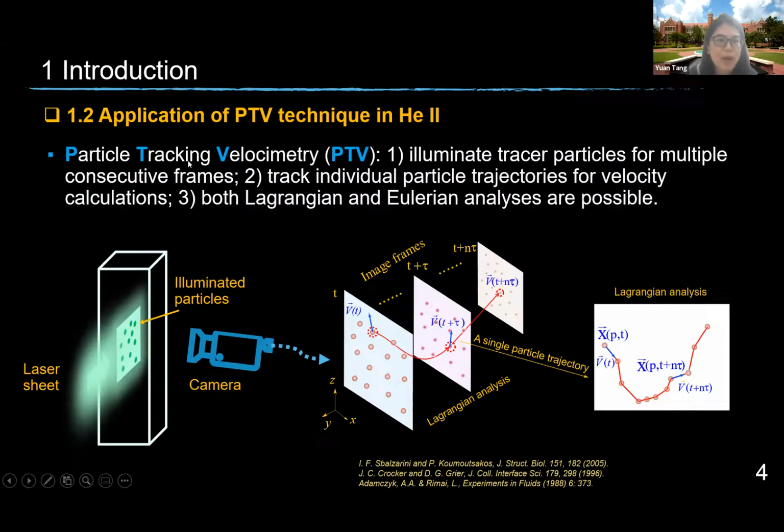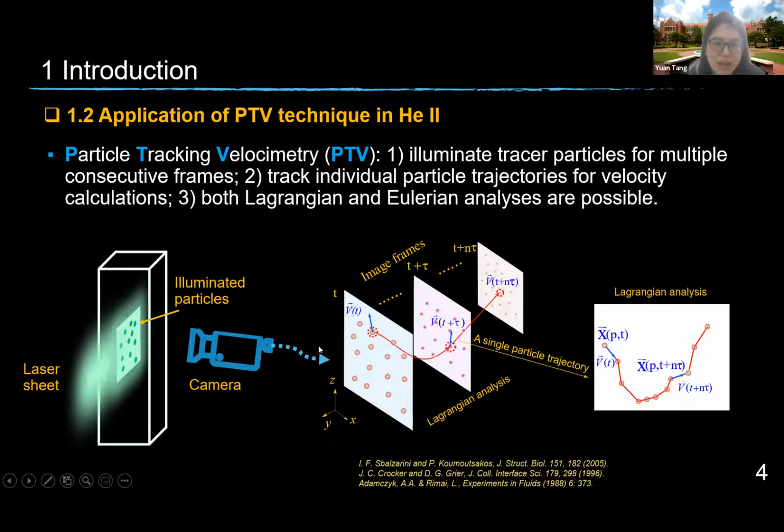In recent years, the particle tracking velocimetry method has been adopted by many laboratories to study the real-time evolution of the helium-2 flow. For this method, typically, some particles will be introduced into the helium-2. Then a laser is used to illuminate those particles. Then the illuminated particles are filmed by a high-speed camera for multiple consecutive frames.